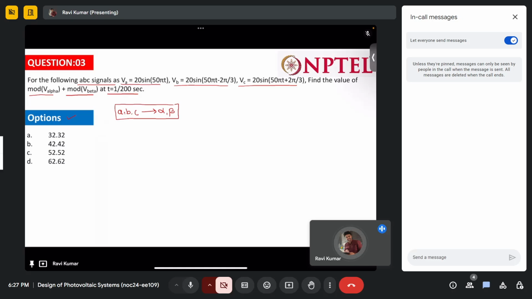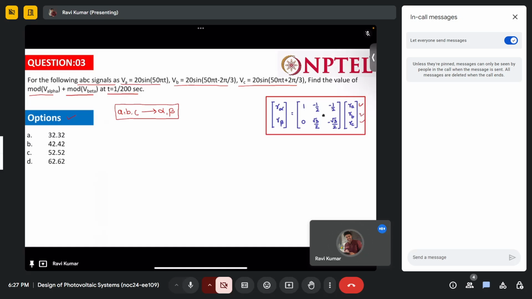So first of all, we will see the matrix. This is the matrix which converts A, B, C into alpha beta. And then we need to take the mode of alpha, mode of beta, and then add them.